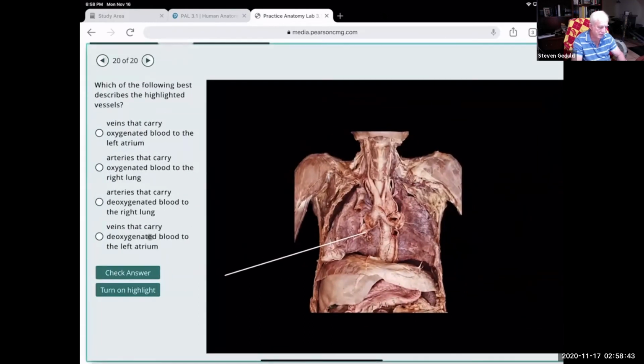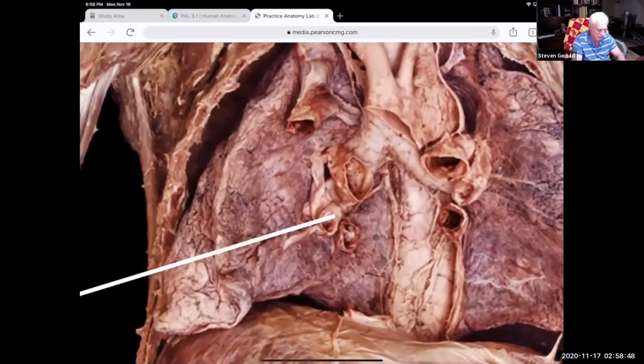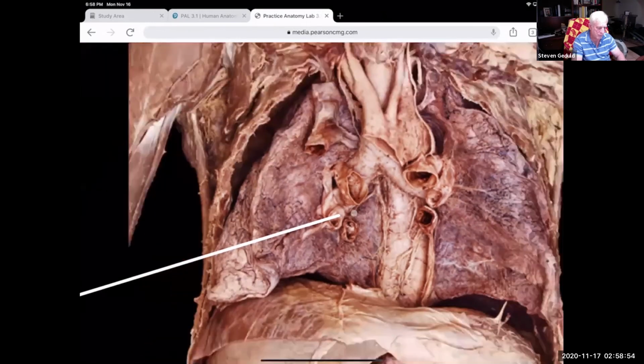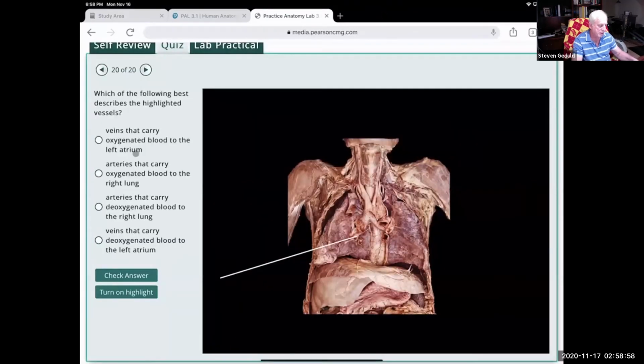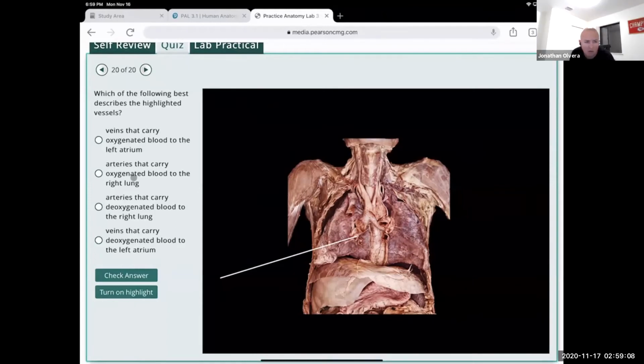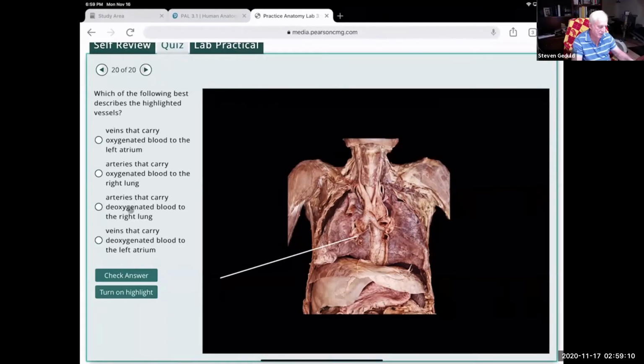Okay, it's a vein or an artery. So that's a vein. Here's your arteries. So this has to be a vein. So that'd be the right pulmonary vein, like Ethan said. So what does the right pulmonary vein do? Veins carry oxygenated blood to the left atrium. No. Carries oxygenated blood to the right lung. No. Veins that carry deoxygenated blood to the left atrium.